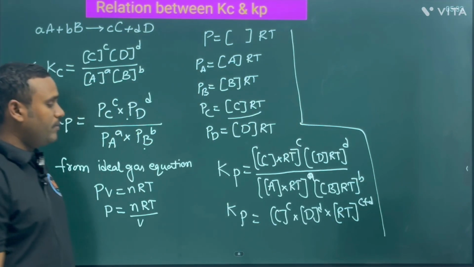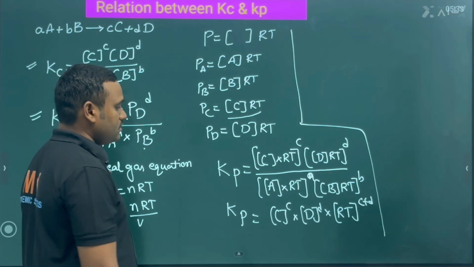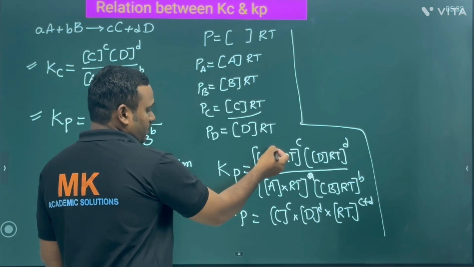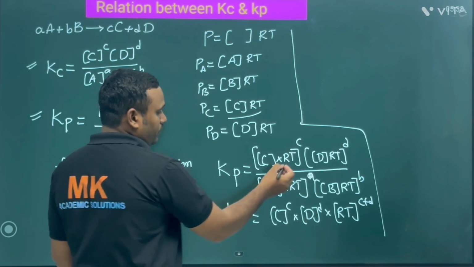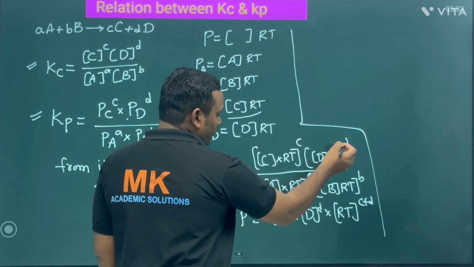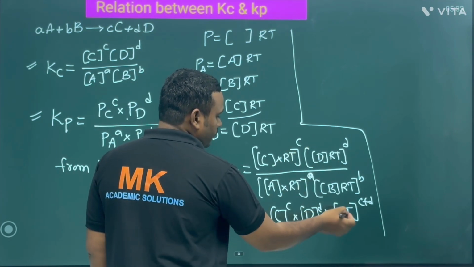Simply, I separated the concentration of C to the power c and the concentration of D to the power d, into RT to the power c and RT to the power d.